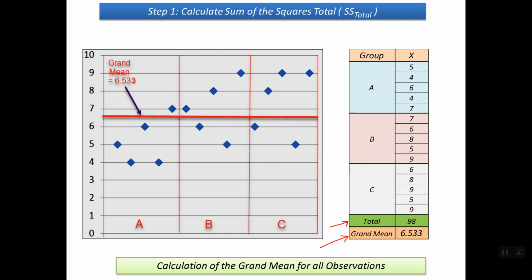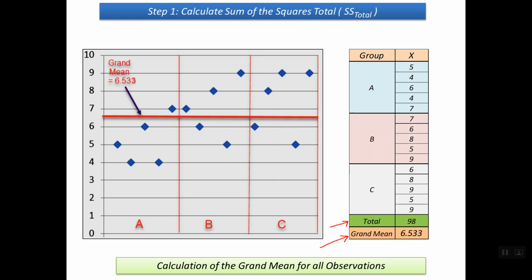Again, the SS total represents how much scattering or variability these observations have from the grand mean. So if the variability or the deviation of these observations is great, the SS will be great.